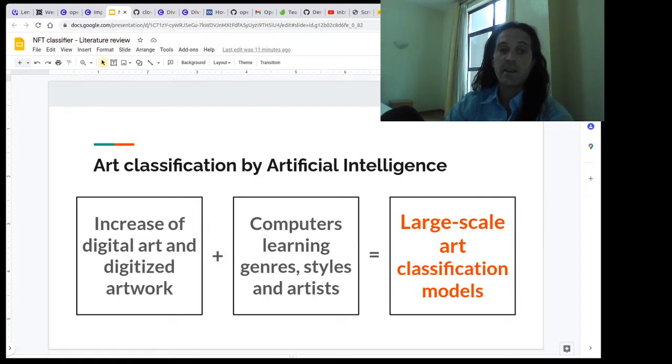They explain that there are different trends, like the increase of digital art and the digitalization of existing artwork from museums and other galleries, making more and more datasets available online. Combined with the fact that computers are learning genre, styles, and artists more and more easily because they are more and more powerful, this allows us to create large-scale art classification models.